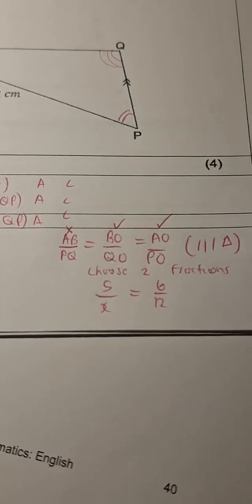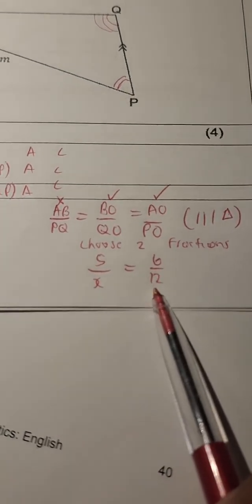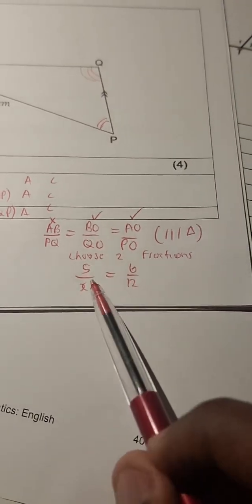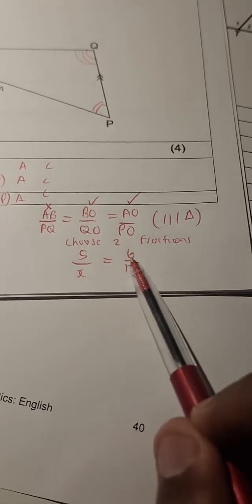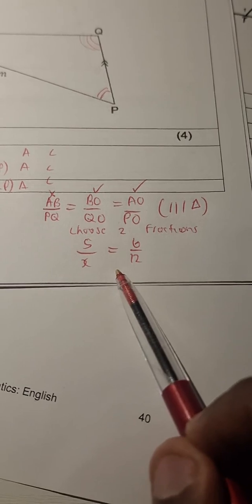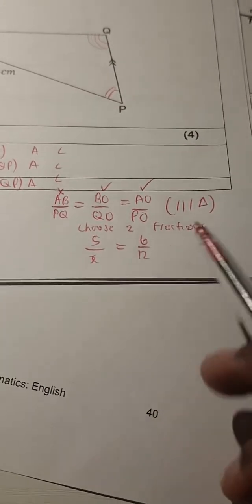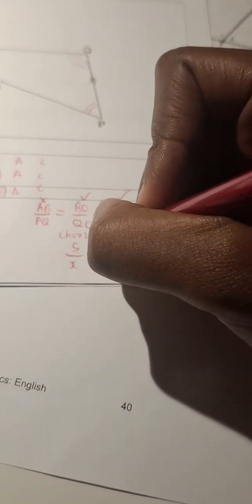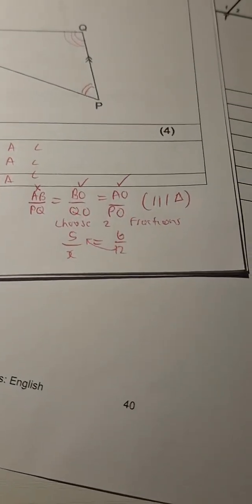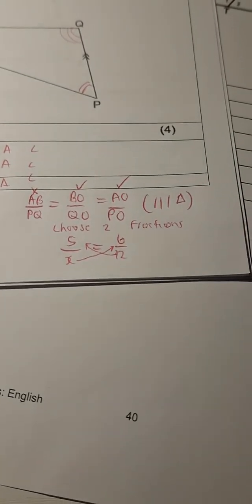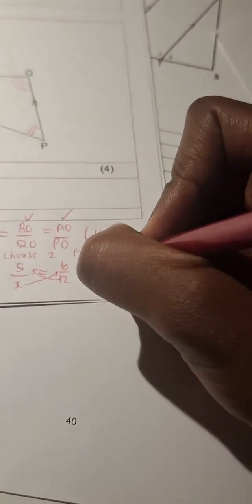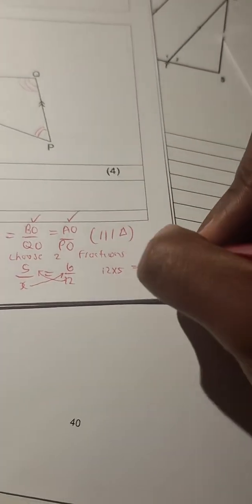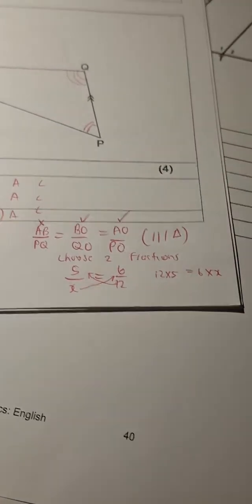In term 2 as a grade 9 learner, you did solve for X. So 5 over X is equal to 6 over 12. I'm going to solve for X now by cross multiplying. This 12 I will multiply with the 5. The X is going to get multiplied with the 6. So I'm going to now have 12 times 5 is equal to 6 times X.